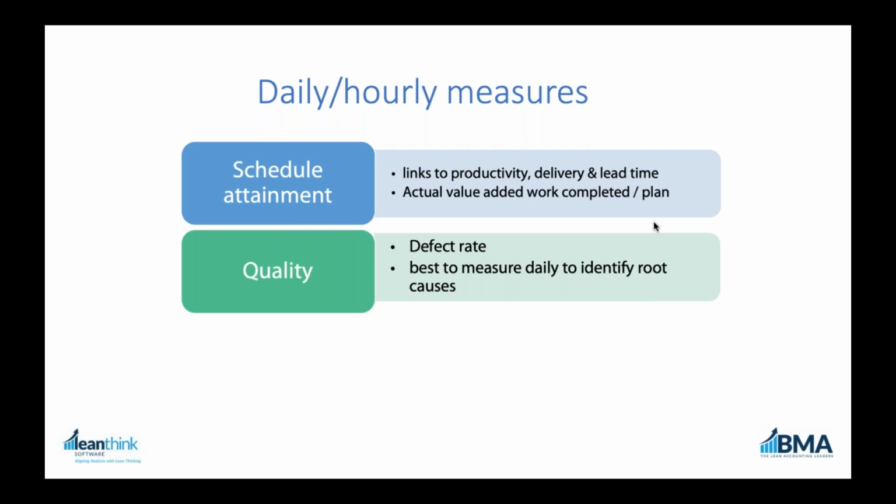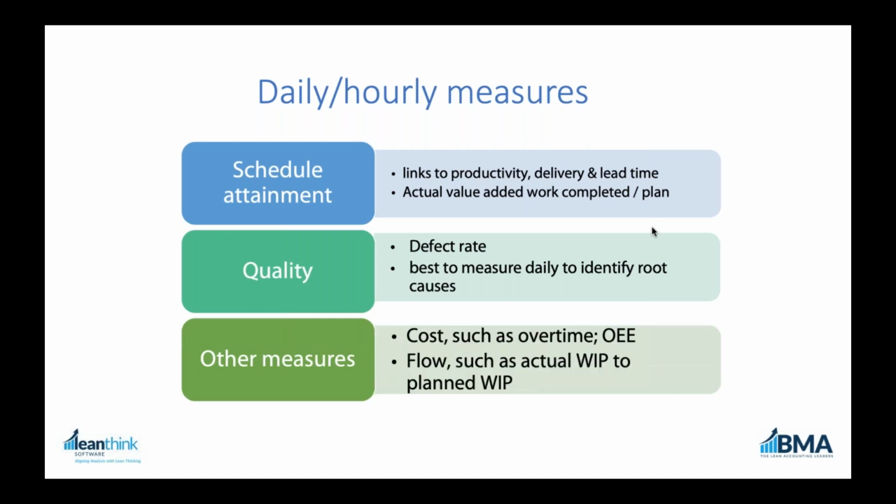The best place to understand your quality problems is where the work is getting done, because it's easier to identify root causes as they occur. Now, other measures can be put in place, and you saw that on the starter set. You can have a measure of cost, which I talked about a minute ago. You can measure flow, such as, how much work in process should we have in the cell?